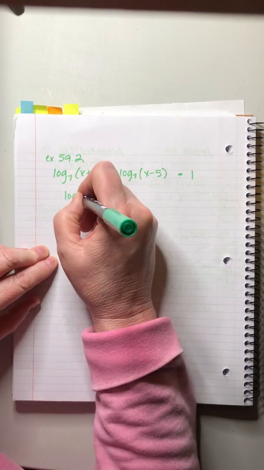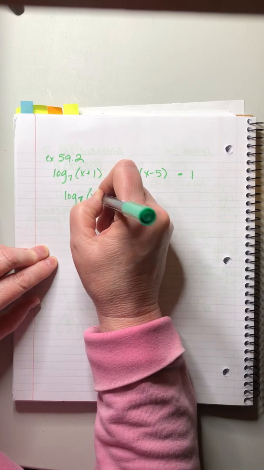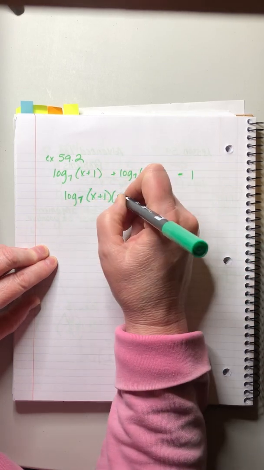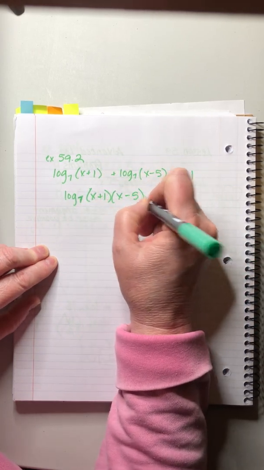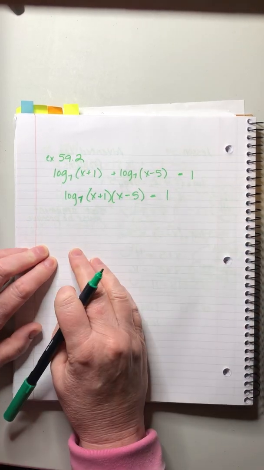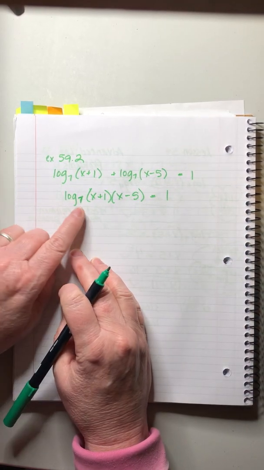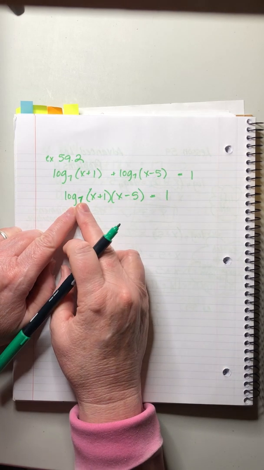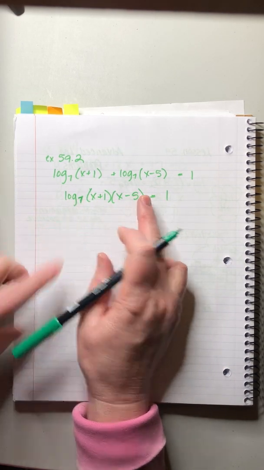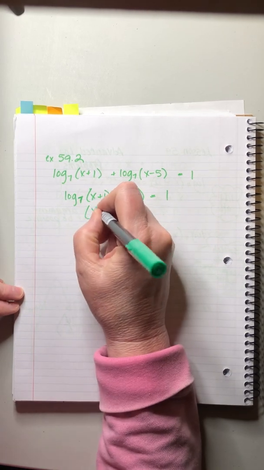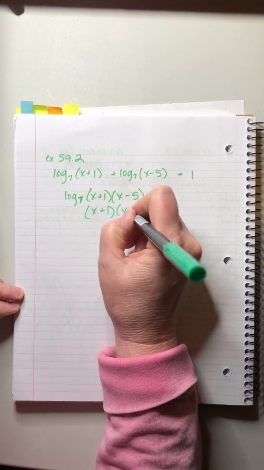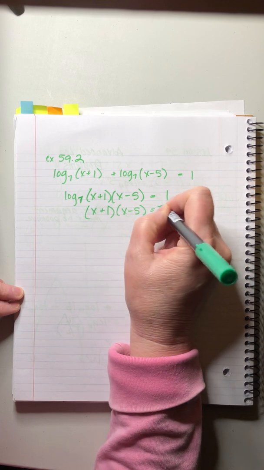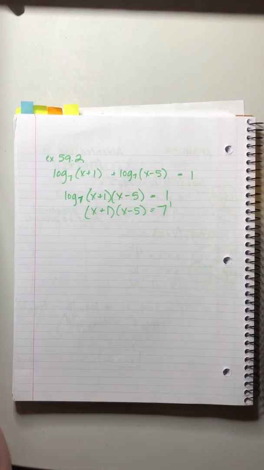Log 7, that's a 7, times the quantity x plus 1 times the quantity x minus 5 equals 1. That stays the same. Okay, now what we're saying is 1 is the exponent that you put on 7 to get that as your result. So I can write that. I'm going to write x plus 1 times x minus 5 equals 7 to the first power.